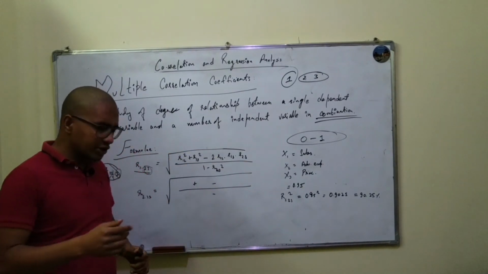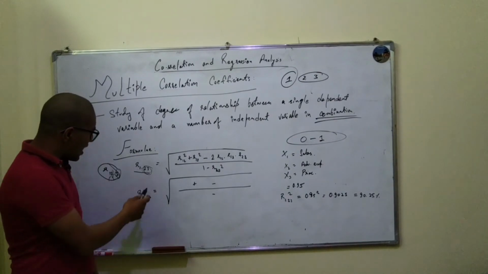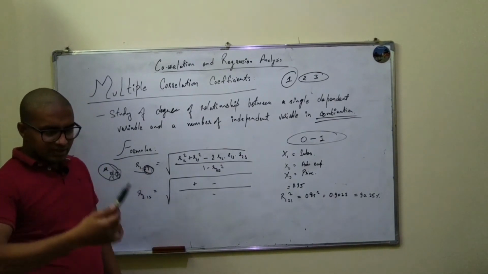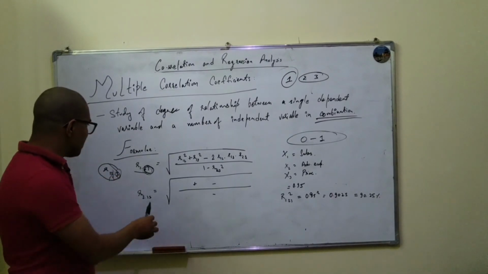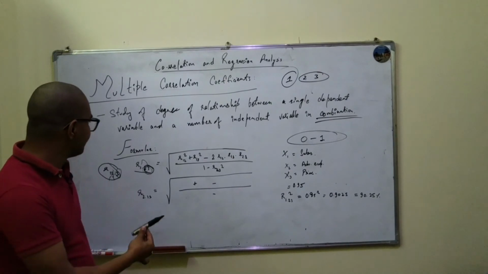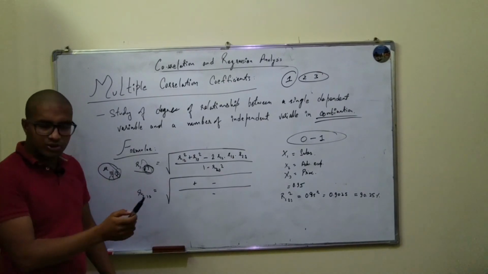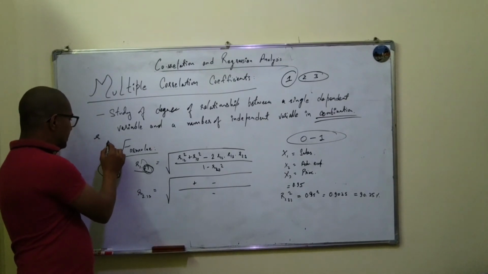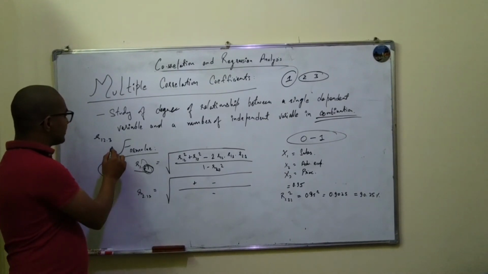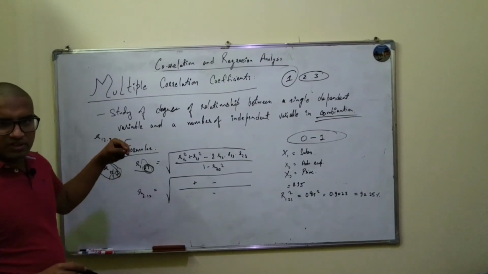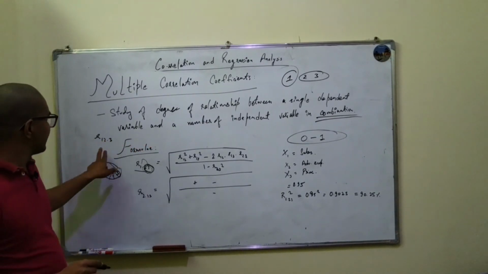So it's denoted in this way, R1.23. It's the combined effect of the second variable and the third variable on the first variable, which is the dependent variable, right? The denotation is a bit different from the partial one, because in partial correlation we write two numbers earlier and then 3 is the constant; 1 and 2 are your independent and dependent variables, right?